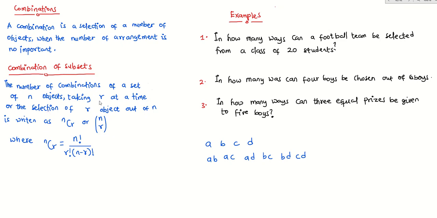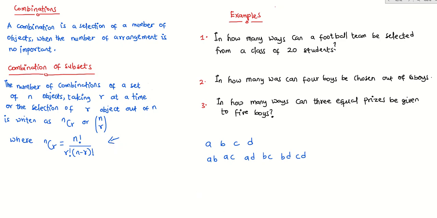In this case, order doesn't matter. So if you have such a situation, you can use this formula, where R is the number of objects that you are selecting out of the total number of objects available. That's what combination of subsets means.